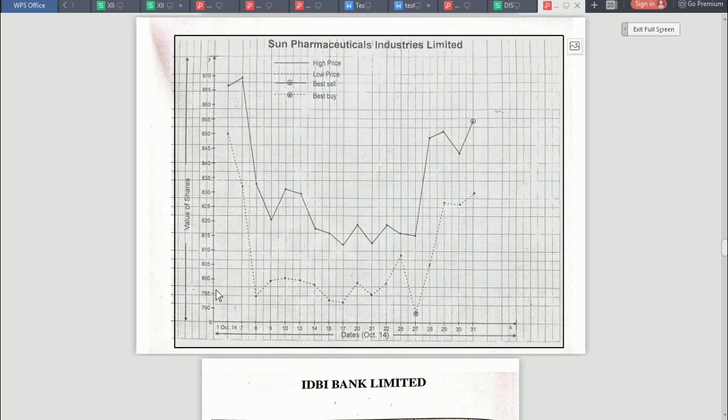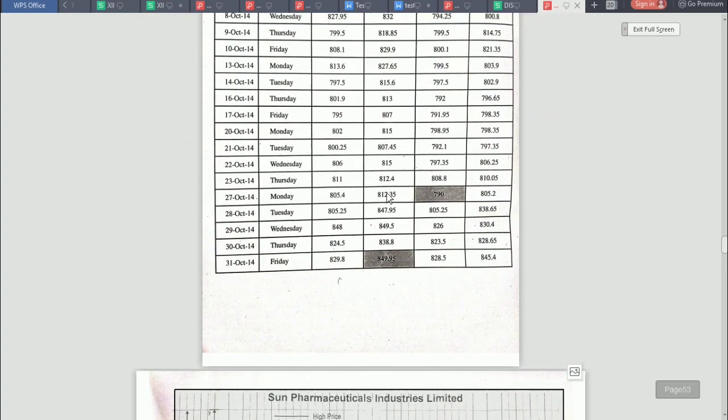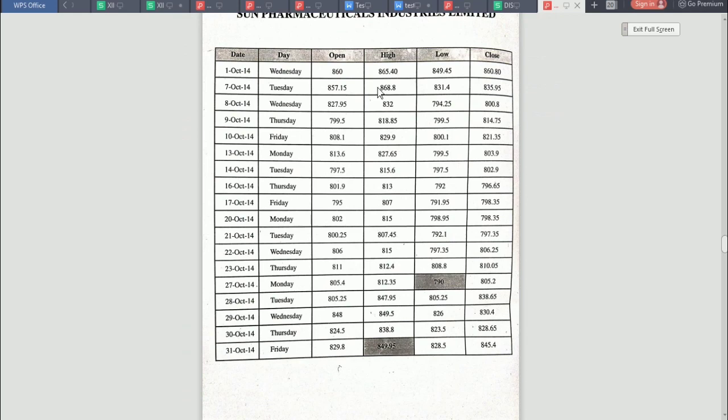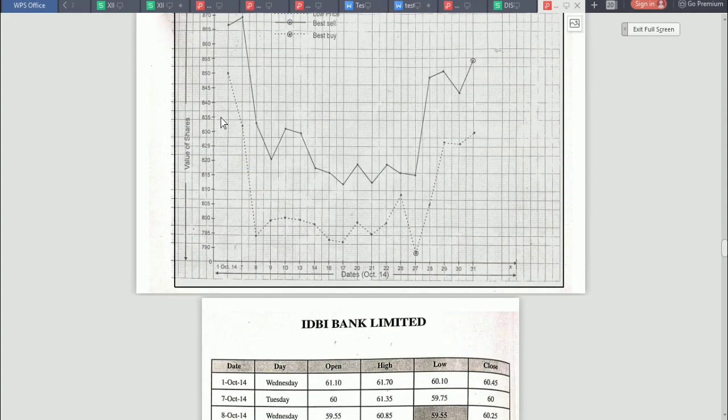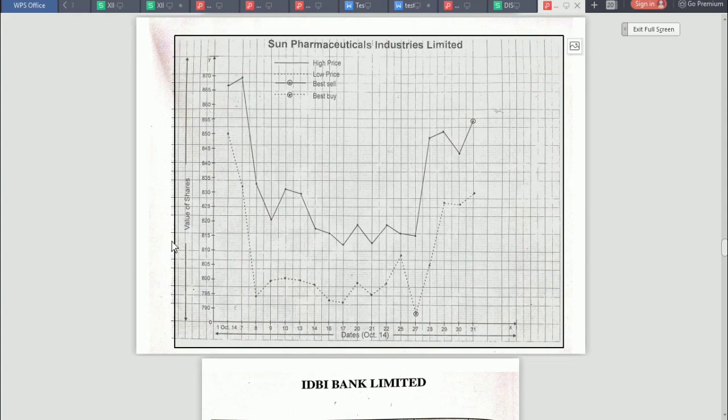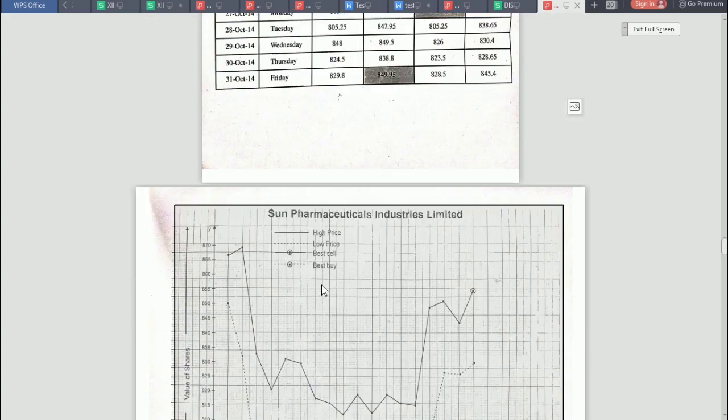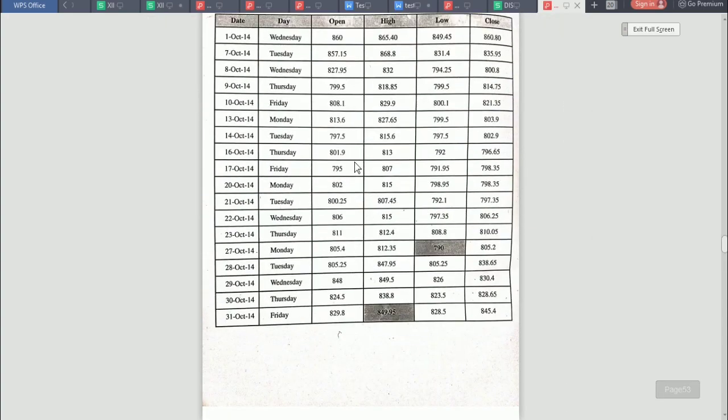I have taken equal gaps amongst them, and I have taken till 870 because I have to mark the high range, which is amongst 800 and 870. So I have taken the base from 790 to 870 here with equal gaps. Now I need to represent this data of high and low columns on this graph.